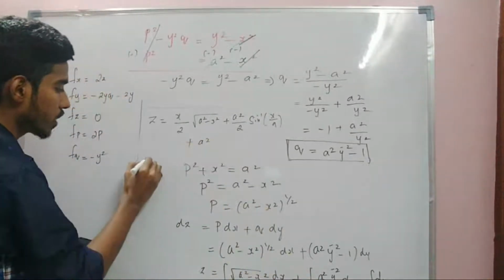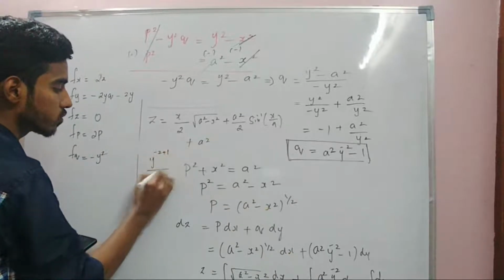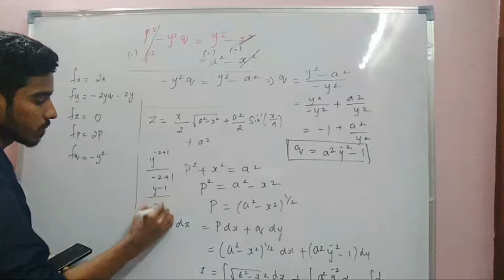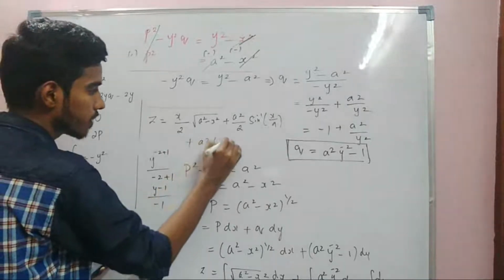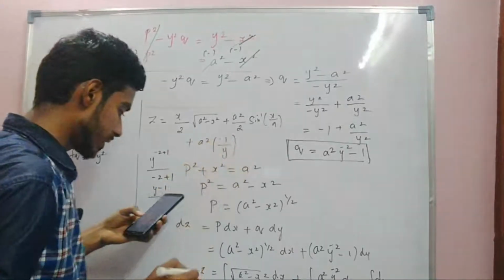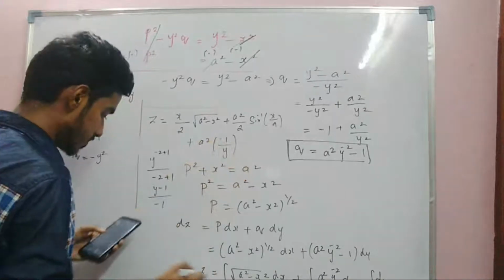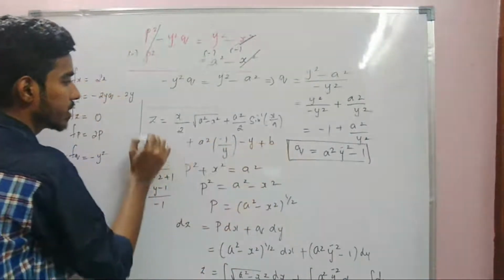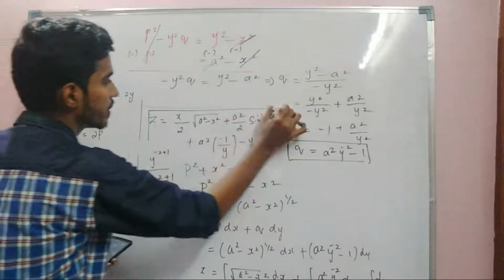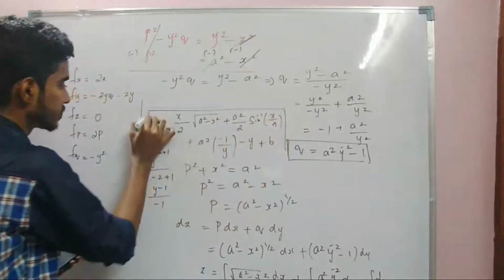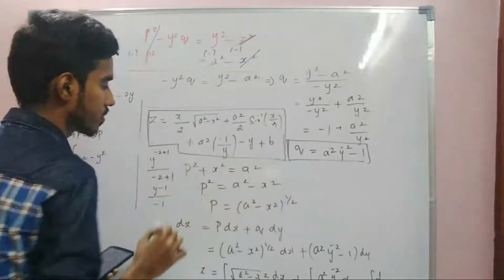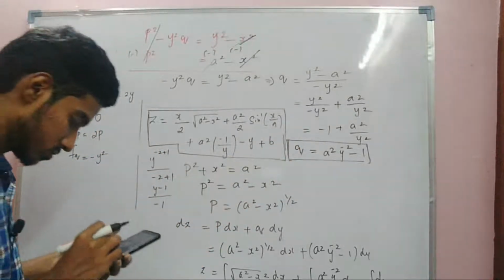Integration of y power minus 2 is y power minus 2 plus 1 divided by minus 2 plus 1. So we have y power minus 1 by minus 1, that is minus 1 by y, and this will be minus y plus some arbitrary constant. So this is our complete integral.